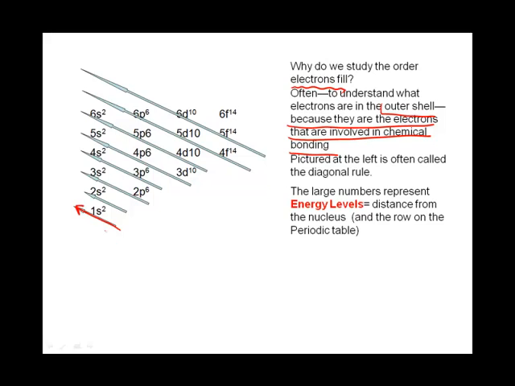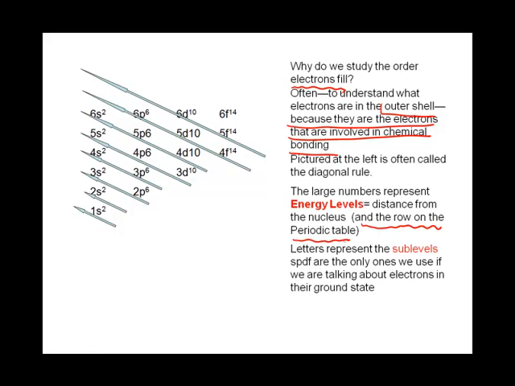Now as you look at this, the large numbers like the 1 and the 2 and the 3, those are the energy levels, the principal quantum number, the distance from the nucleus. It also is the row on the periodic table where the highest energy levels fall.